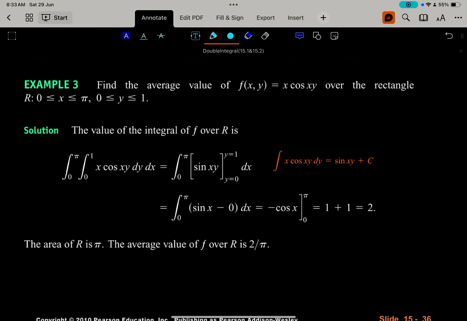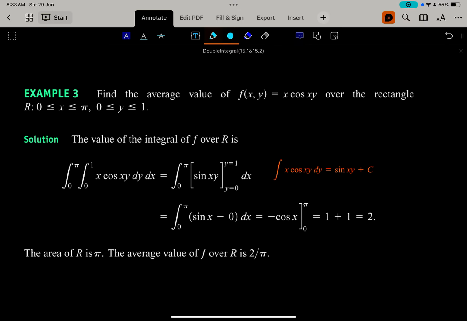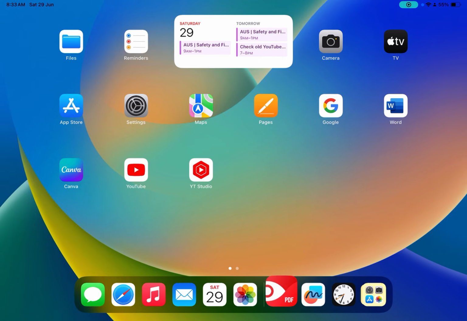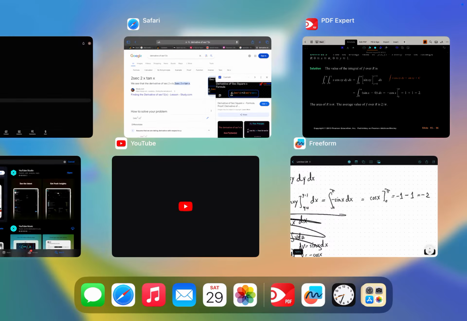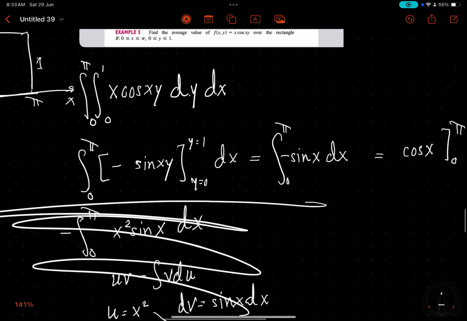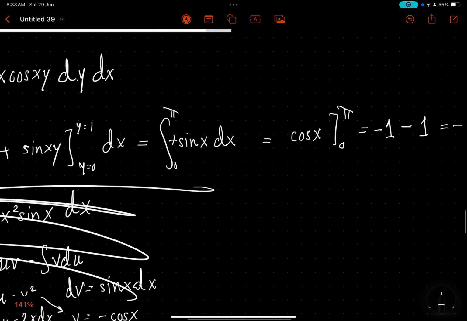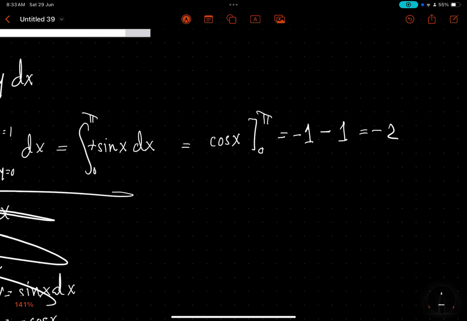Here you got a +2. Okay, I had an extra negative sign here. It's going to be like this: minus cosine, and then it's going to fix this.